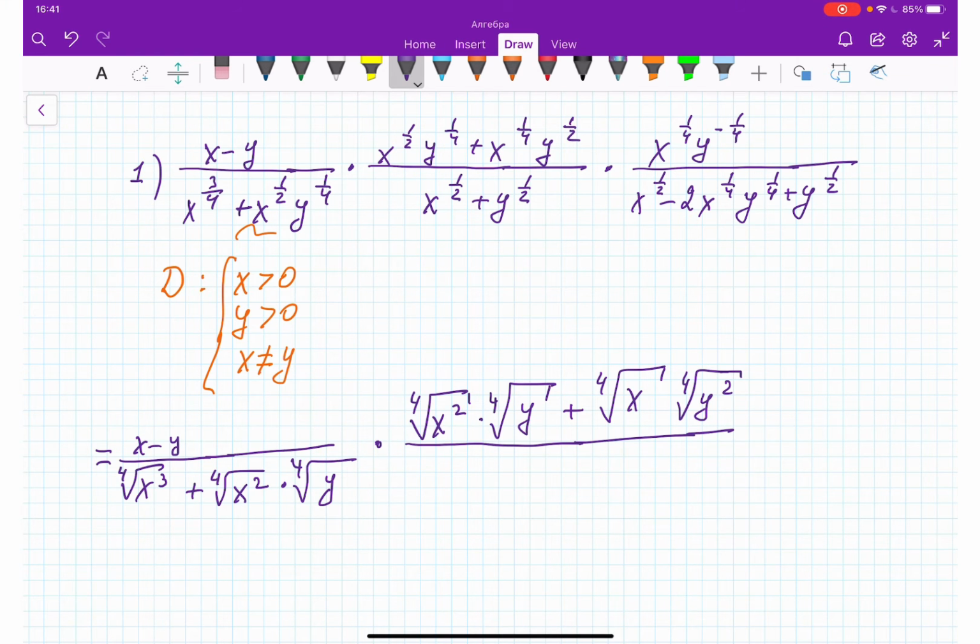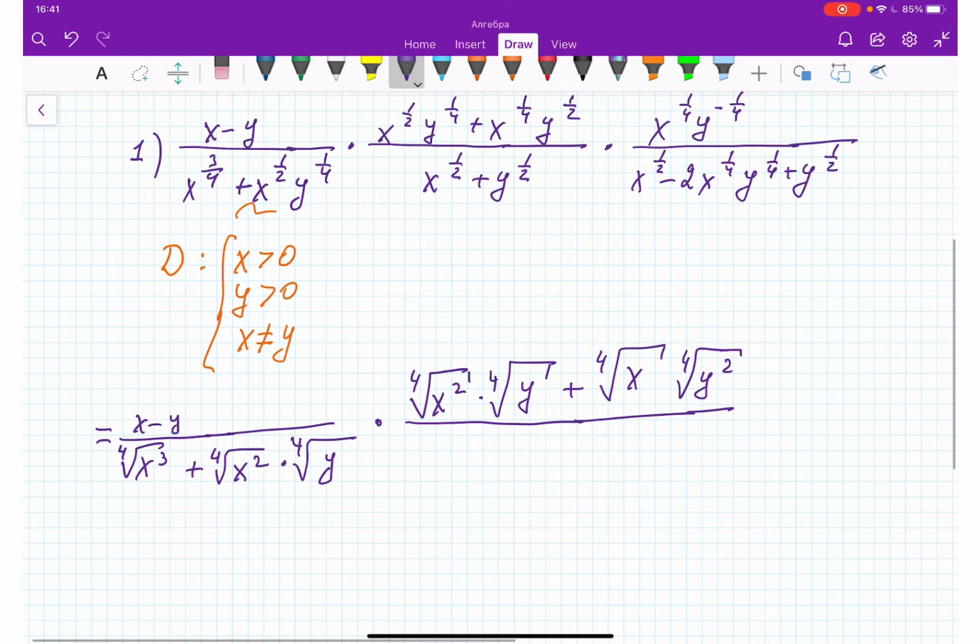And in the denominator I have square root of x plus square root of y. A little bit later you will understand why. Unless you want, okay, I can put it as 4 and 2, and when it is clear that we don't need that, we can always change it, right?